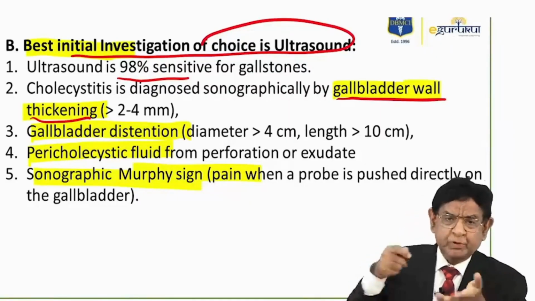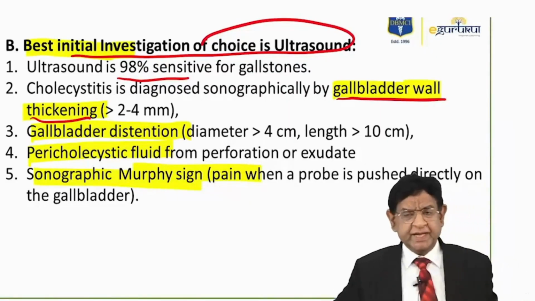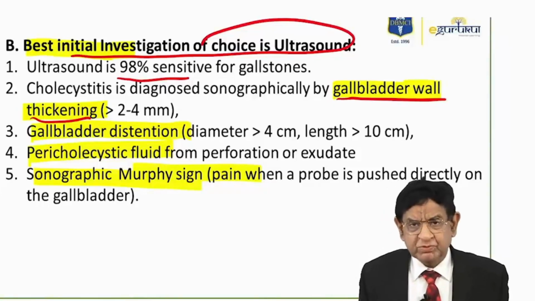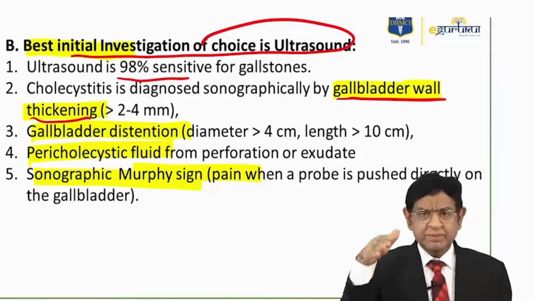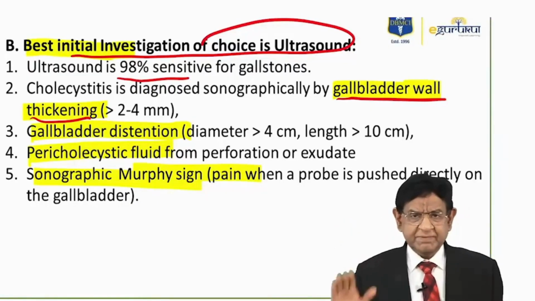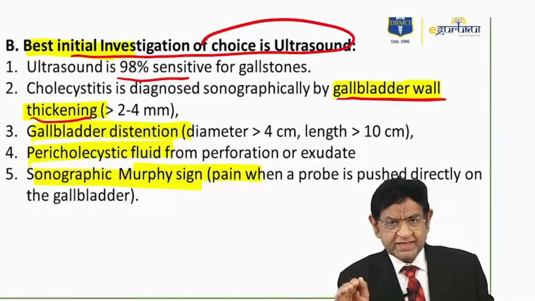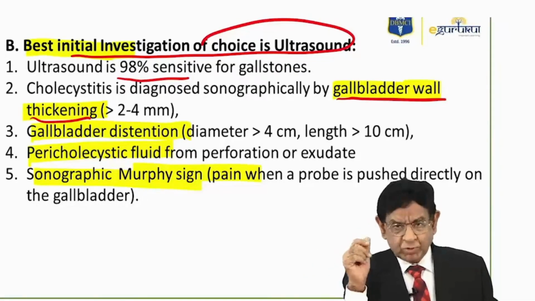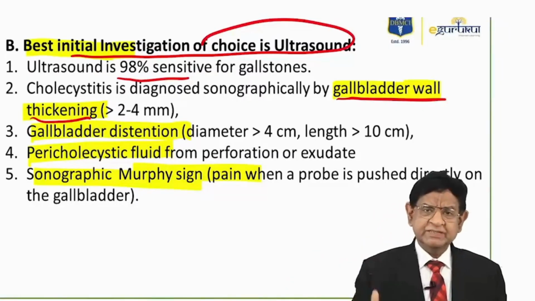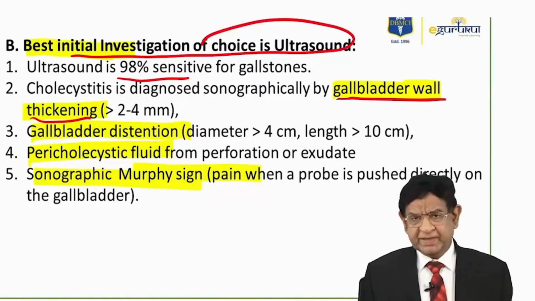You put a probe into the subhypochondrium area. You ask the patient to take a deep breath. He takes a deep breath and the probe is touching. That means whatever you are doing with the fingers in palpation, the same thing can be done by the ultrasound probe also. And you can see the patient is jumping with pain.